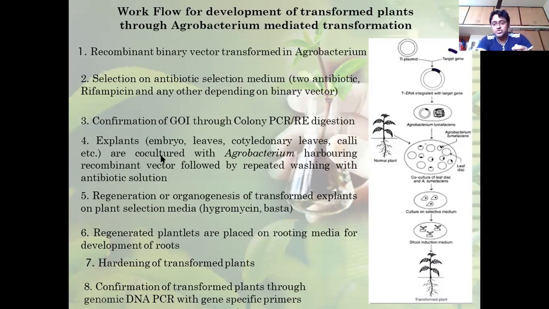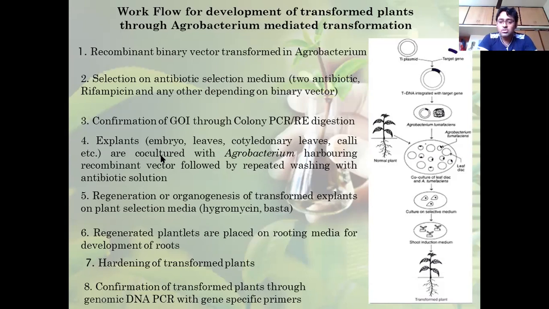After the selection, the selected calli or selected explants will be transferred into the regeneration media for shoot regeneration. Shoot regeneration is very, very crucial. Once the shoot has regenerated from the selected calli, the shoot will be placed on the rooting medium for root development. Once the root has developed, we will get a complete plant. Each plantlet will then be transferred to soil for hardening.